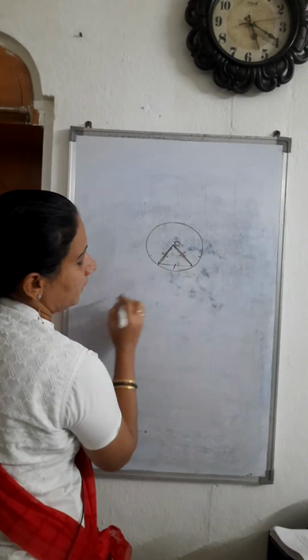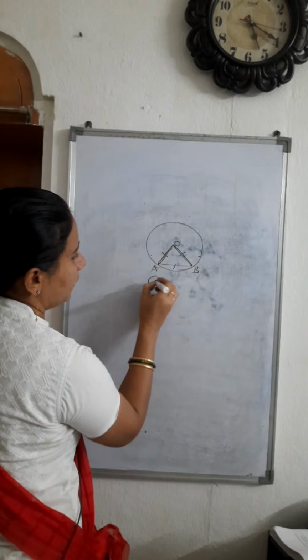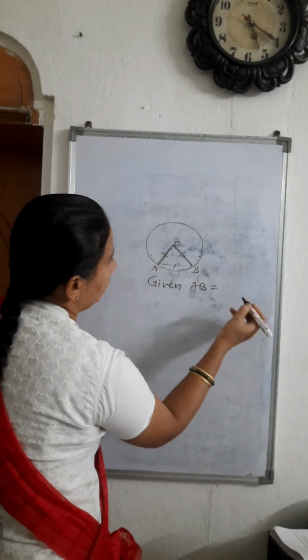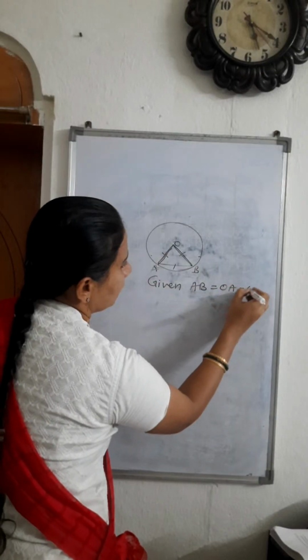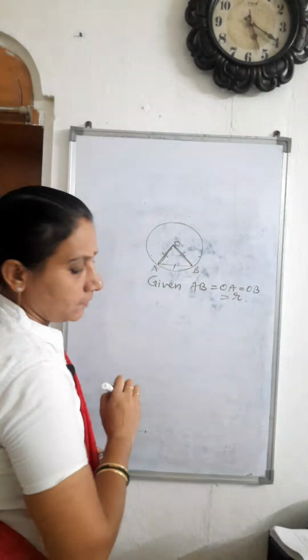If O is the center of the circle, AB is the chord. So here it is given AB is equal to OA is equal to OB, and all together they are equal to the radius.